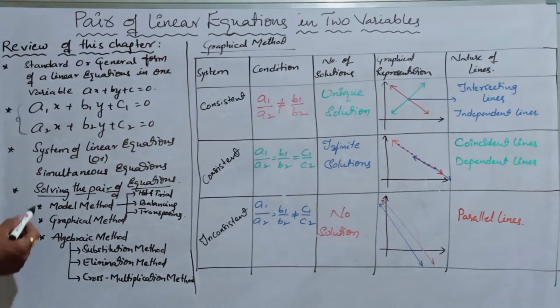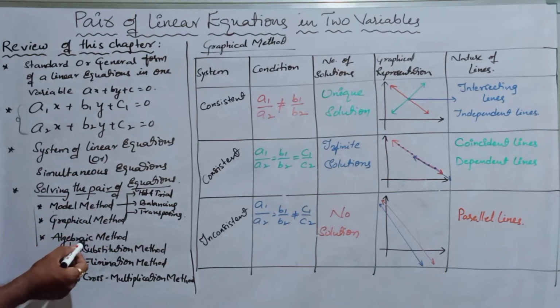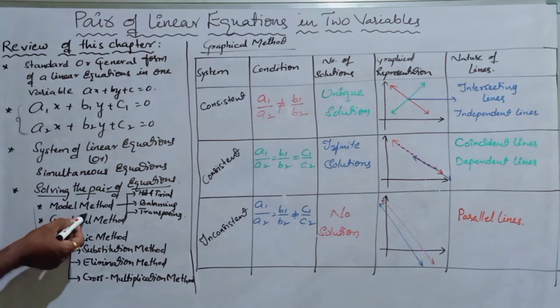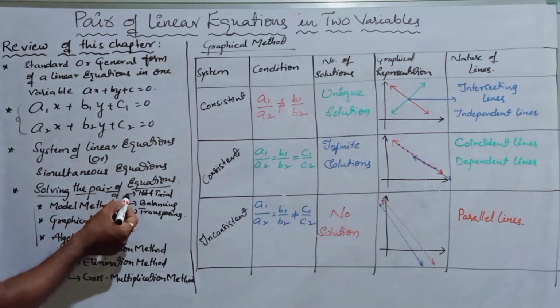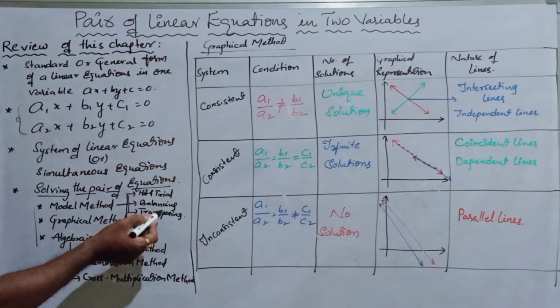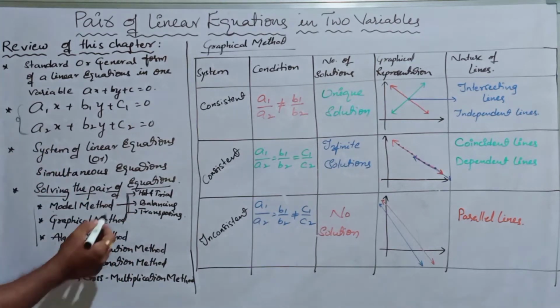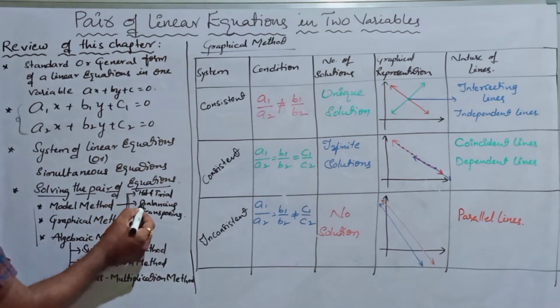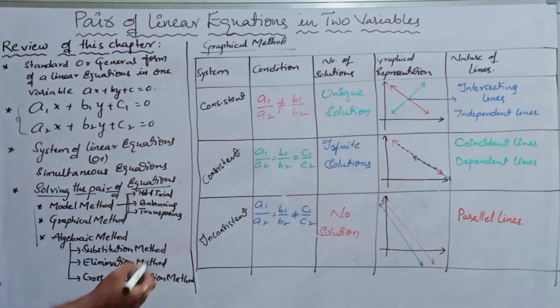Now the next point: we solve the pair of linear equations in three ways, that is, the model method, the graphical method and the algebraic method. The model method again has three types, which we have already learned in previous classes: hit and trial method, balancing method, and transposing method.